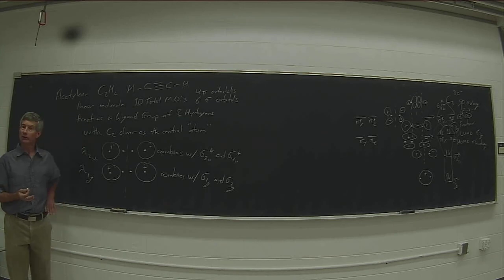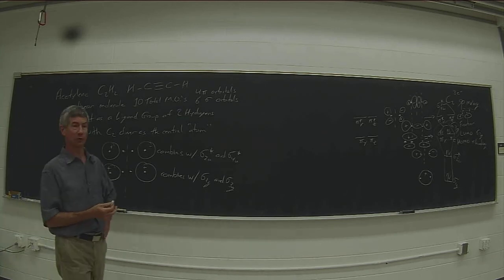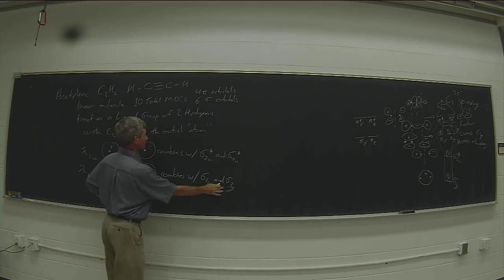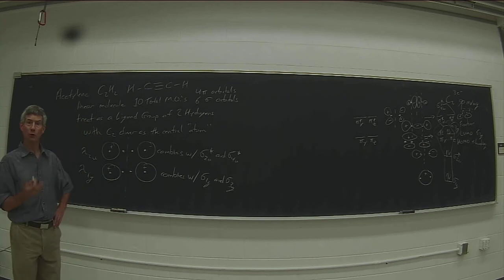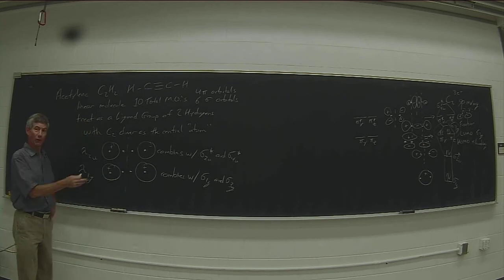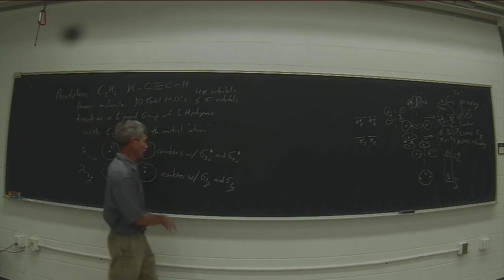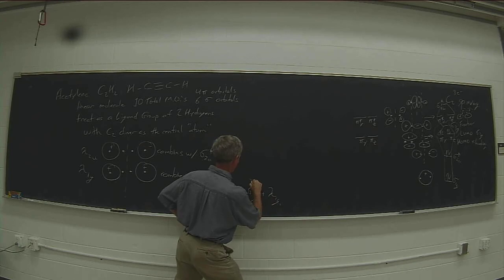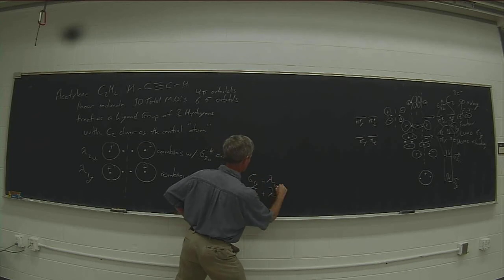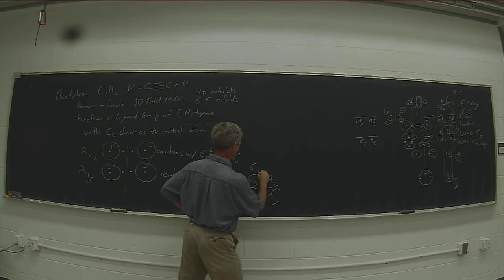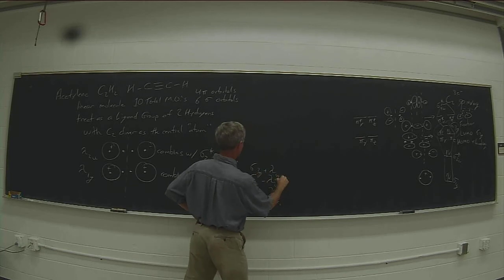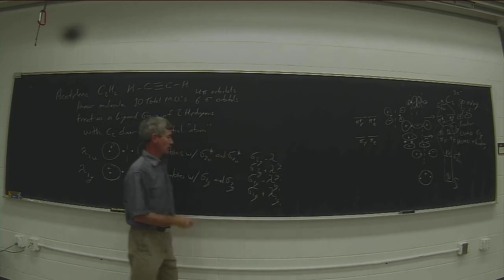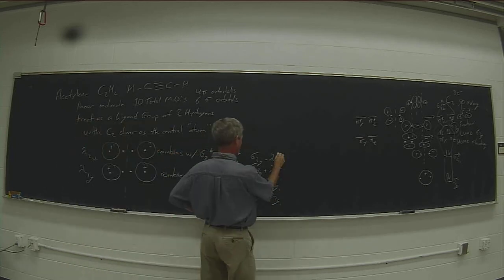So we have a situation that's similar to what we had with the unsymmetrical diatomic hydrogen fluoride, where we have 3 orbitals that are going to combine to form 3 new orbitals, but we have 4 possible combinations of those orbitals. We have the possibility of sigma 1g plus lambda 1g, sigma 1g minus lambda 1g, sigma 3g plus lambda 1g, and sigma 3g minus lambda 1g. There are 4 possibilities, but only 3 orbitals.